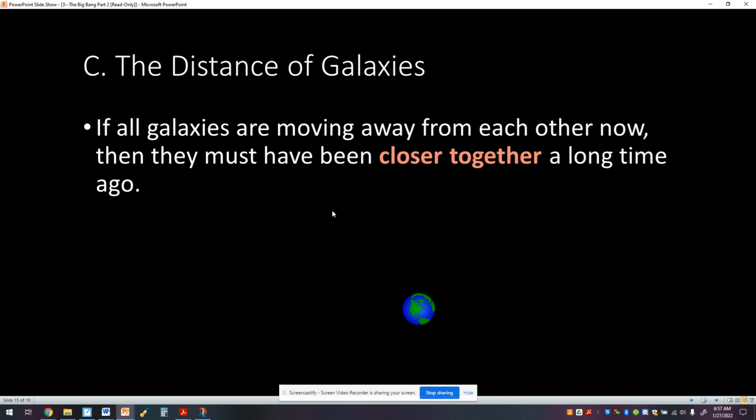And if all galaxies are moving away from each other now, then they must have been closer together a long time ago. You can see in the animation how we bring them back together when we go back in time.